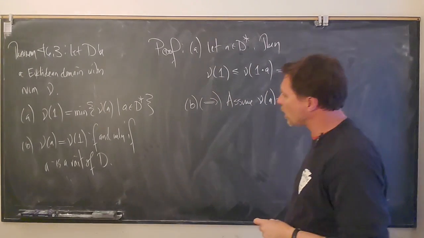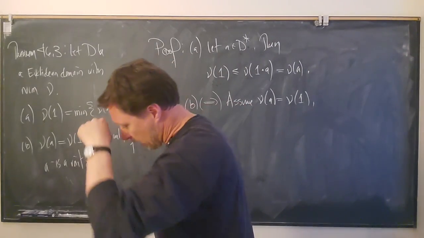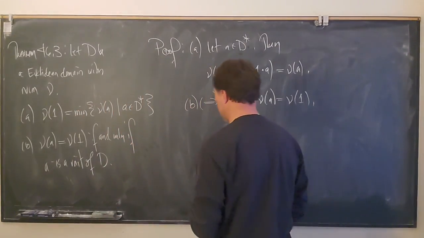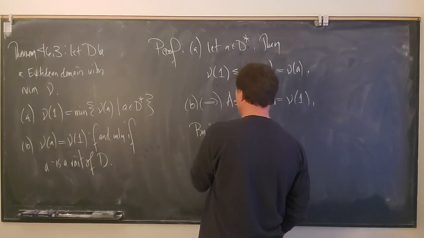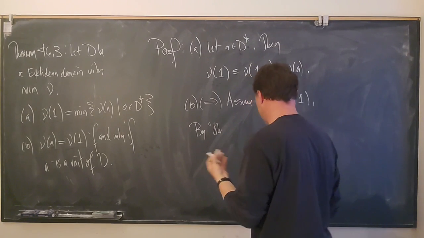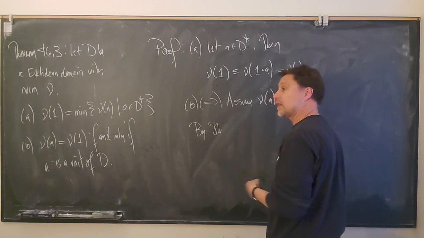And now we want to show that A is a unit. So what I'm going to do is run the division algorithm on it. I need to put this in quotes. It's not officially the division algorithm, but it behaves just like the thing that we call the division algorithm.